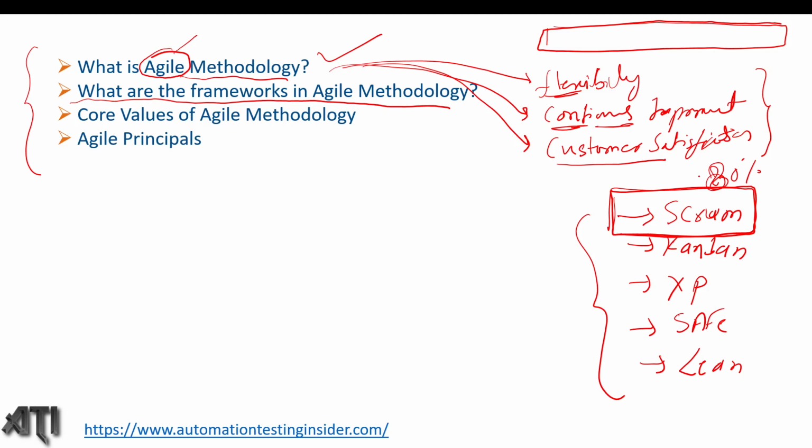In 80% of the projects we are using the Scrum framework. We'll discuss Scrum in detail. Let's talk a little bit about what is Kanban, XP, SAFe, and Lean, right? So what is Kanban? I think I talked about it in the last video. There is no fixed duration in the Kanban framework actually.